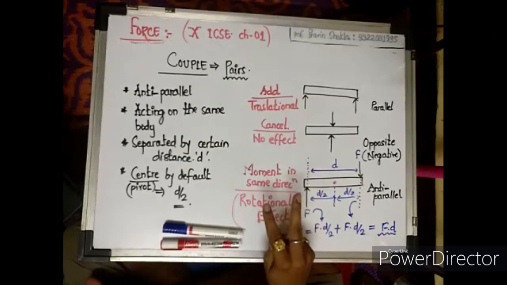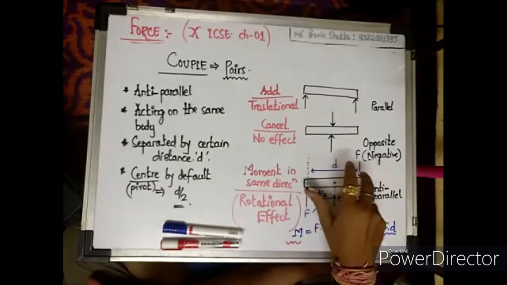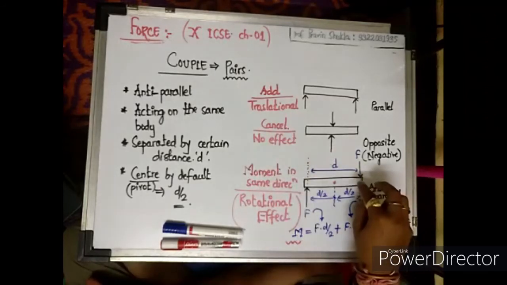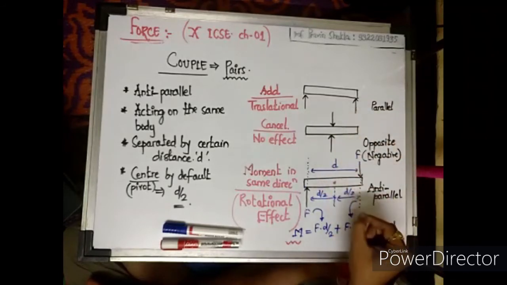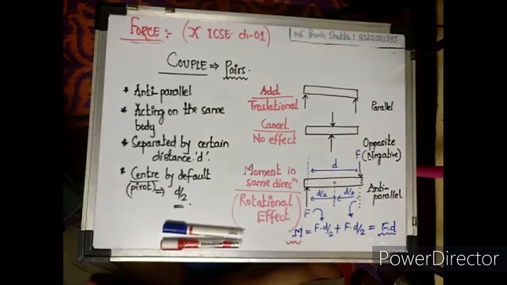My question is, which is better? To apply the couple of 5, 5 by putting the pivot at the center, or to apply just a 5 Newton force by putting the pivot on this side? Which is better? To apply only one force?